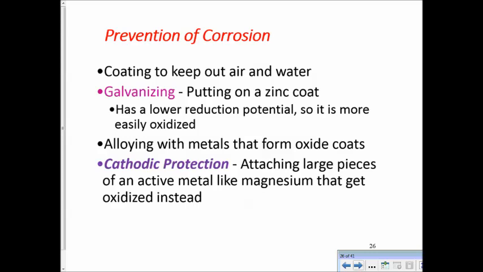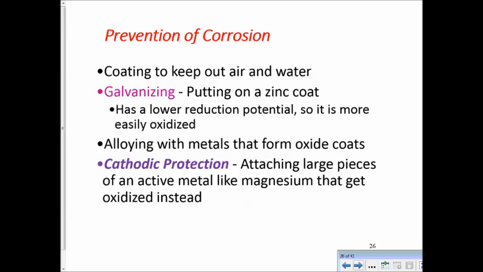So that's the galvanizing process: they add zinc so that the zinc coating will be the one that corrodes. And of course, especially for our Navy ships and other boats, they're constantly painting them. They have to keep constantly slapping on the coating because they don't want it to corrode or rust, because these things are expensive.